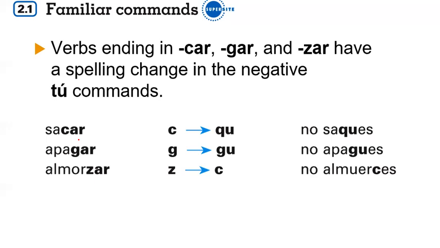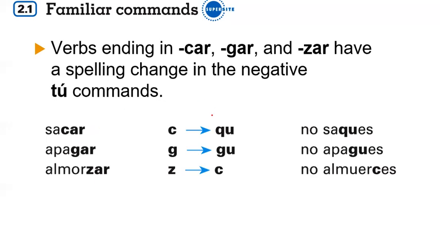So our spelling of that syllable, if it's a C-A-R verb, whenever it's the -2, is going to be Q-U-E-S. That's always going to be E-S at the end of these spell changing verbs, because they're all A-R verbs. Notice that car, gar, zar, they're all A-R verbs, so the opposite ending is the letter E, and because it's -2, they'll also have an S at the end.